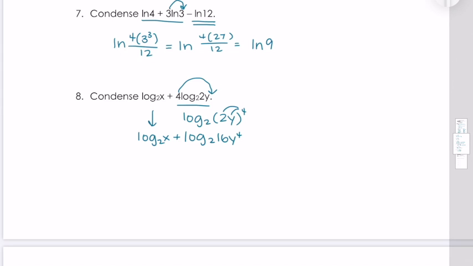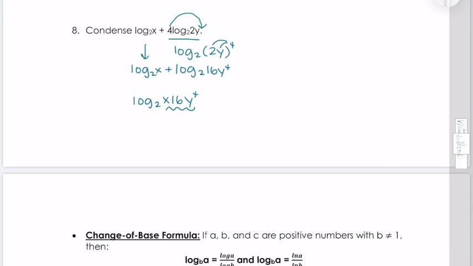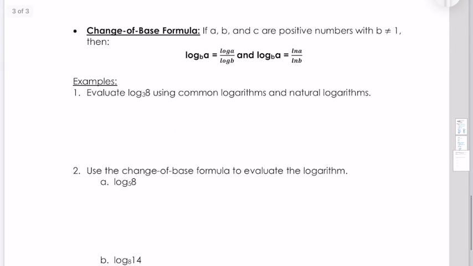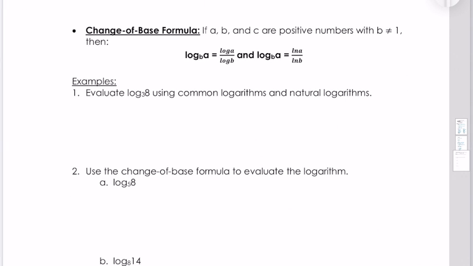I am adding, so that means I will be multiplying within the log. So log base 2 of x times 16 y to the fourth. Now, whenever you multiply, you can multiply in any order. So usually this would be written as log base 2 of 16 xy to the fourth, just to keep all the numbers and then all the variables together.